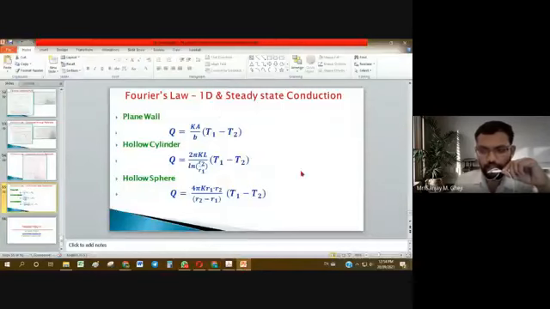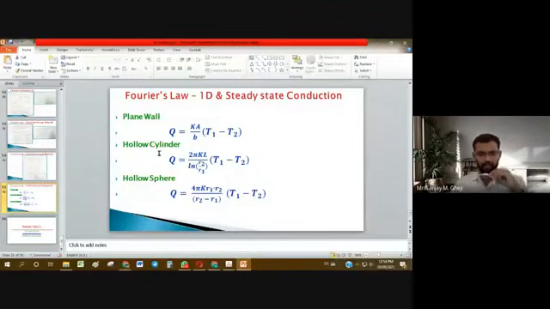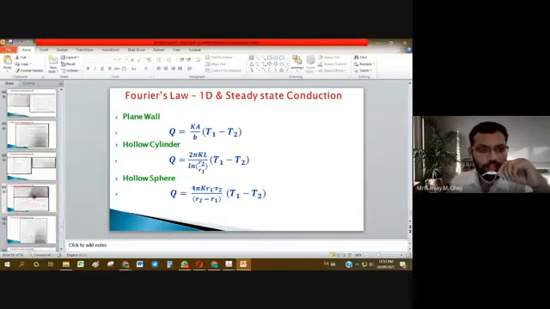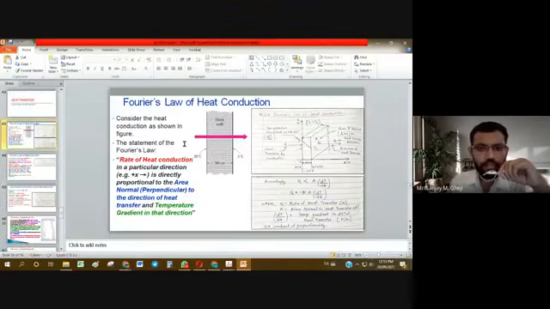So these are the three formulae we derived: one for a plane wall, the other for a hollow cylinder, and the third for a hollow sphere. The first will be applicable to find the rate of heat transfer across any plane wall or a plane slab or a flat plate, where heat is being conducted due to temperature difference, just like this.